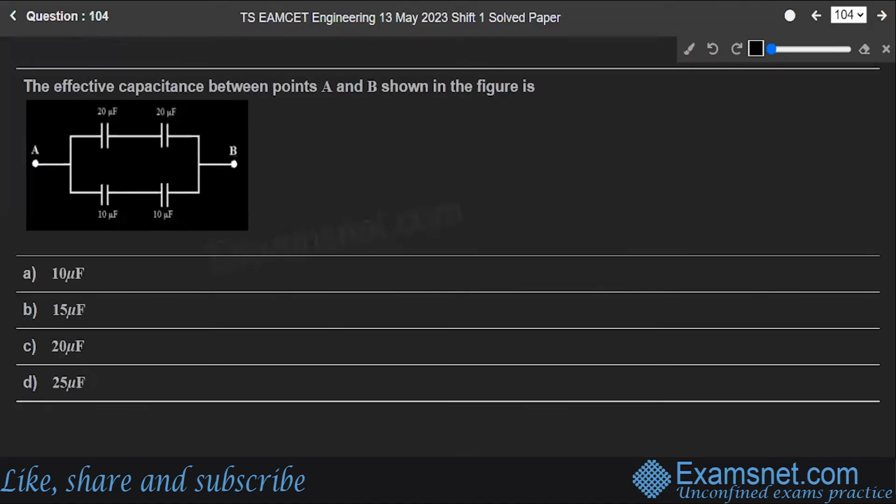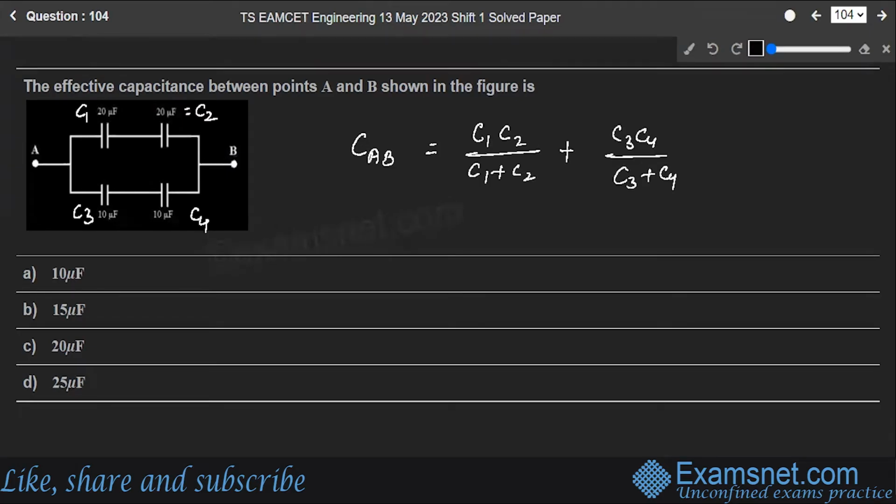Question number 104, the effective capacitance between the points A and B is given in the figure. So you have to find out. Okay, these are the points A and B in the given figure. You have to find out the effective capacitance. Let's name this as C1, C2, C3, and C4. Now, effective capacitance between A, B is given by the product of C1, C2 divided by their sum, plus the product of C3, C4 divided by their sum again.